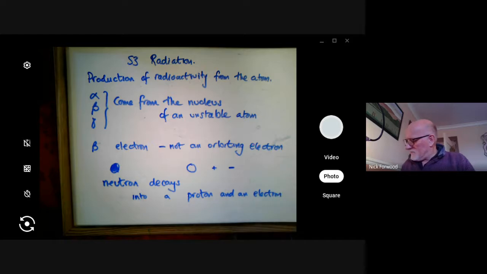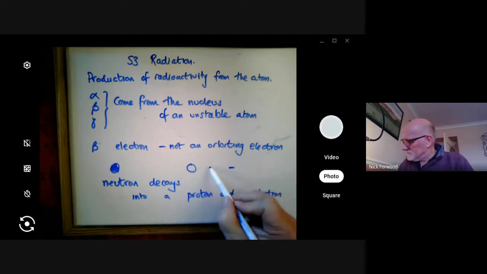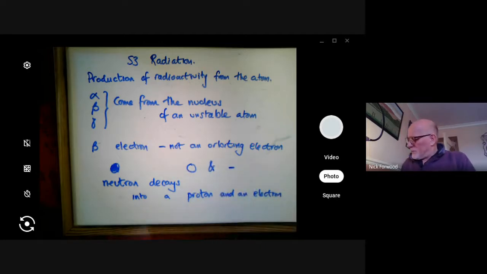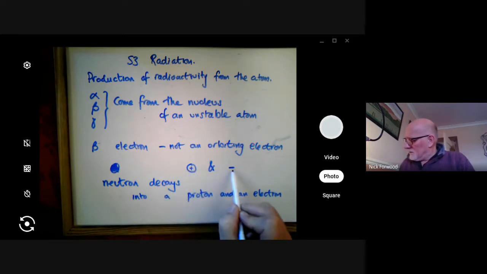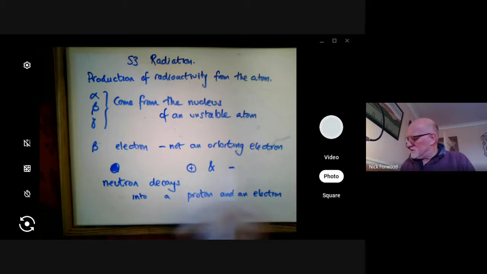And as we've said before, the proton has a positive charge, and the electron has a negative charge, and the two charges balance each other out.